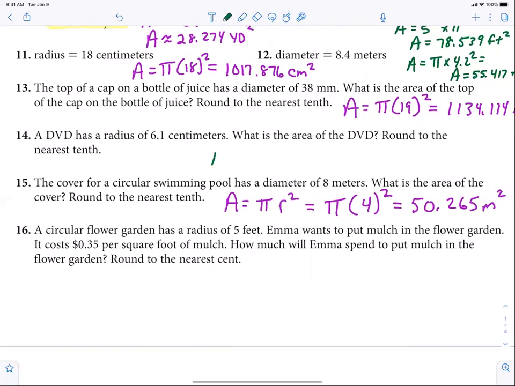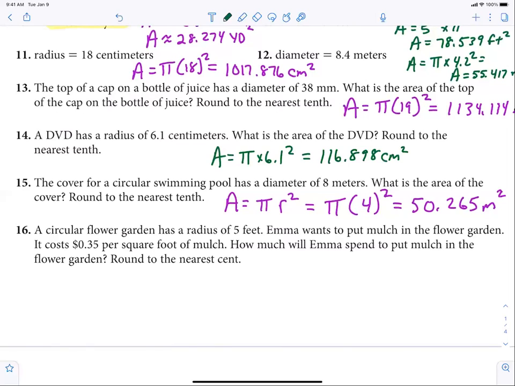So tell me, area equals, what am I doing? 6.1 squared. Good job. 116.8. And then what units? Are you okay with that? Are you typing things in? Yeah. Right, I don't want you just writing things.